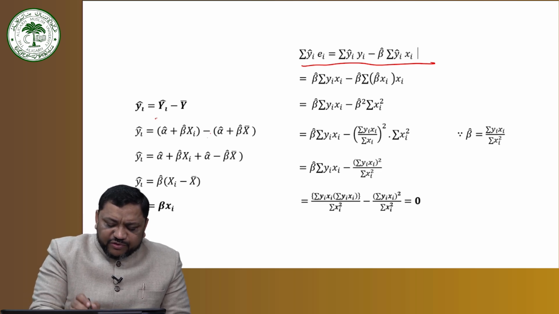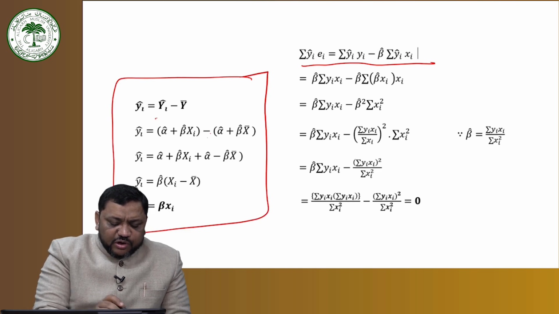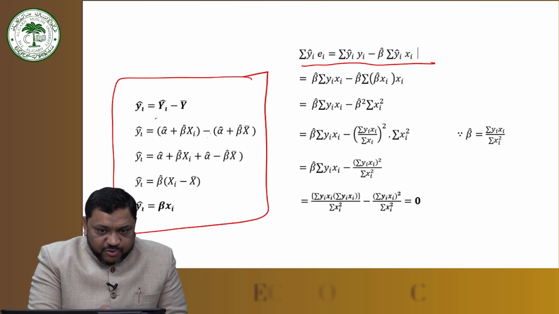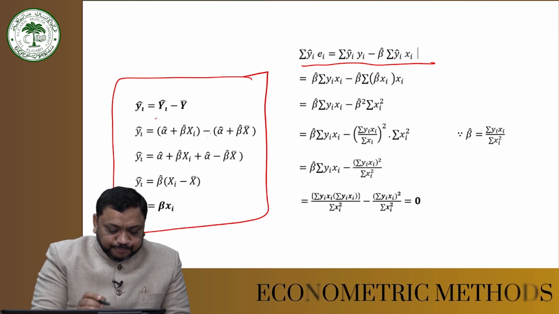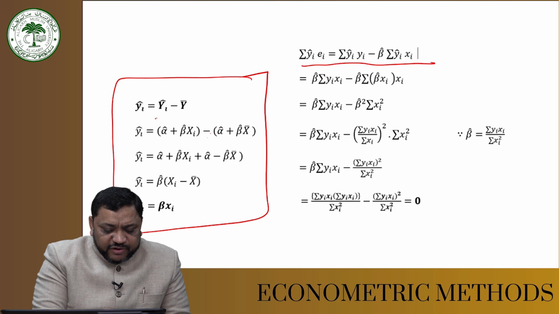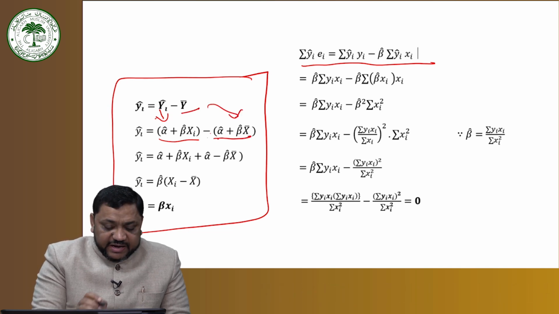Now herein we will be using some information: small yi hat can be written in the deviation form, so it is yi hat minus y bar. Now when we write the values, we can open yi hat like this, alpha hat plus beta hat xi, and y bar we can write as alpha hat plus beta hat x bar.